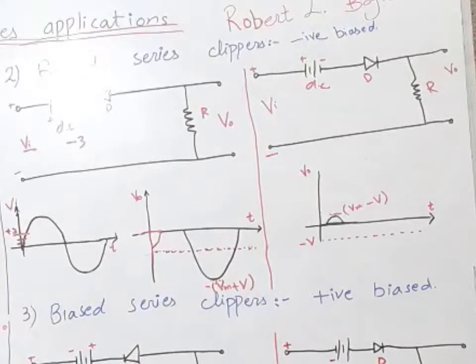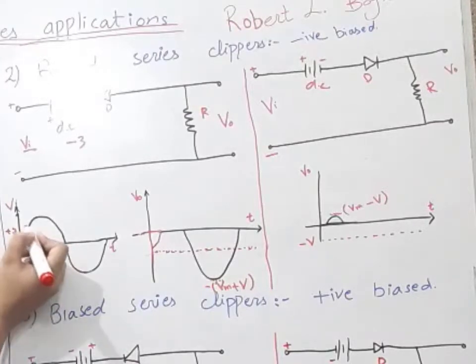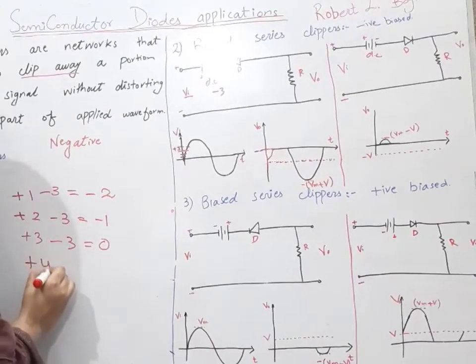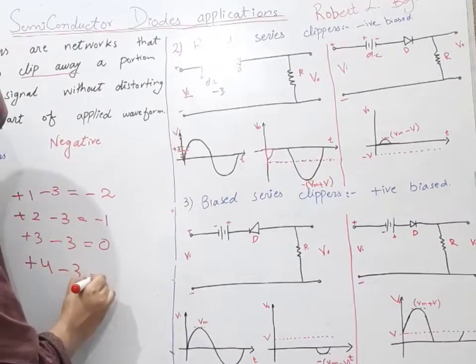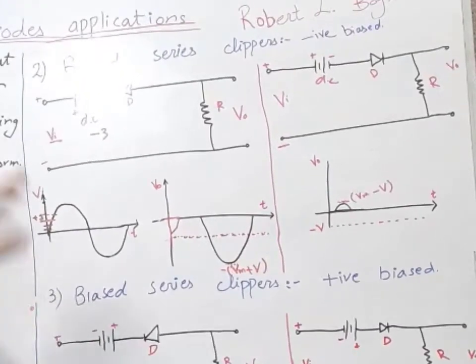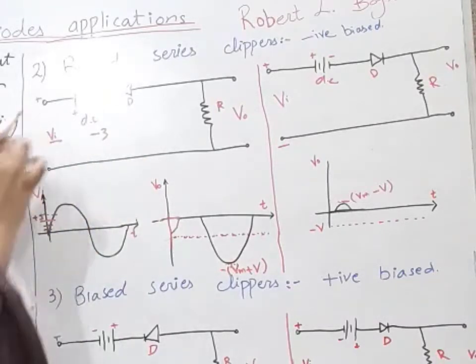Now at the point when our potential is at +4, our battery is at -3, we will get +1. Now let us see, this input waveform is winning here. In 3 cases our battery was winning, but now our input waveform is winning.